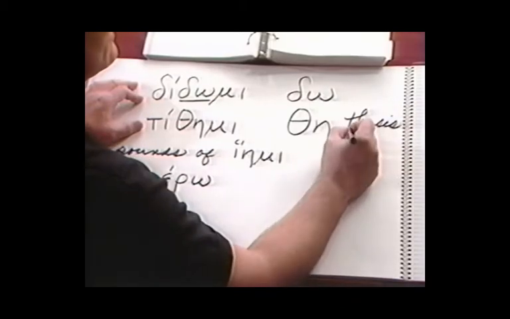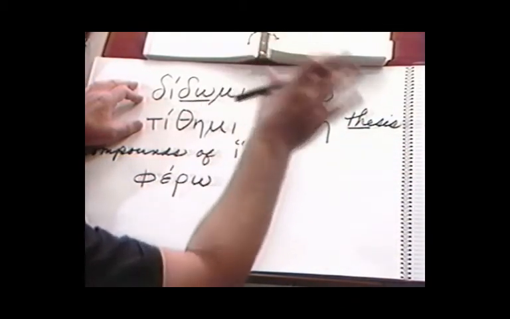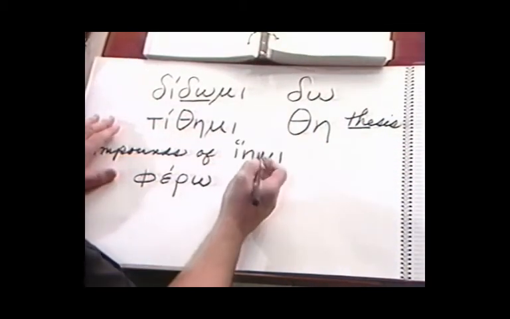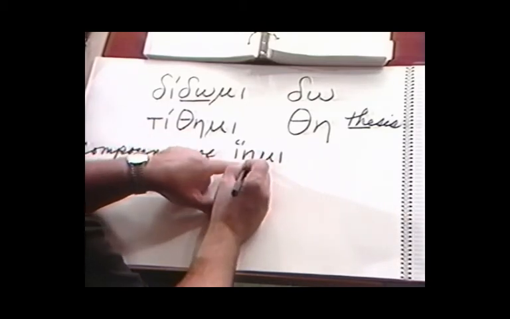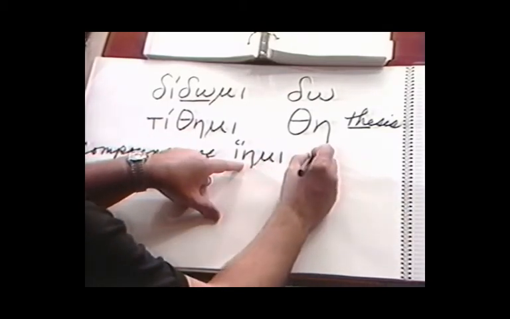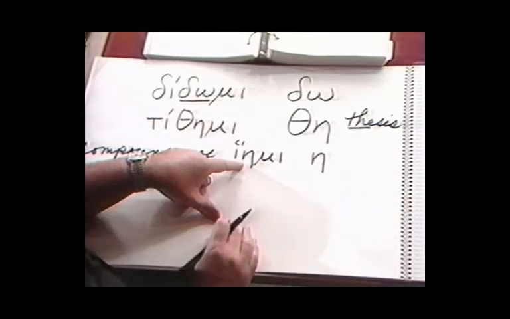We get English words like thesis. See? The, to put something forward. The basic stem of hiemi is this one letter right here, an eta, and it means to go. It's just like in English, our English word go is a little short word, go. In Greek, go.